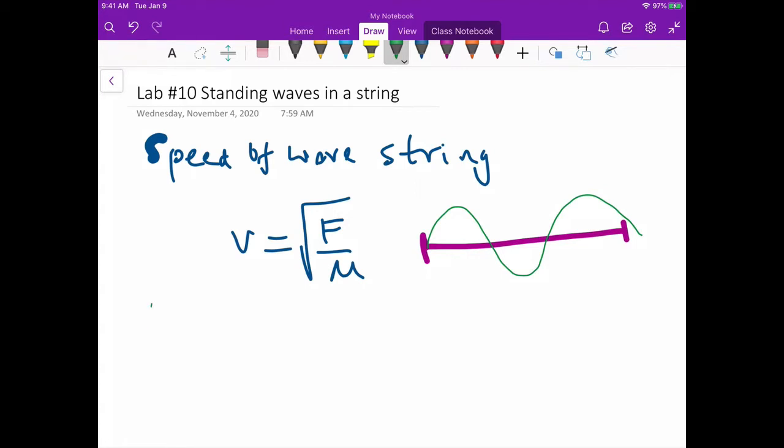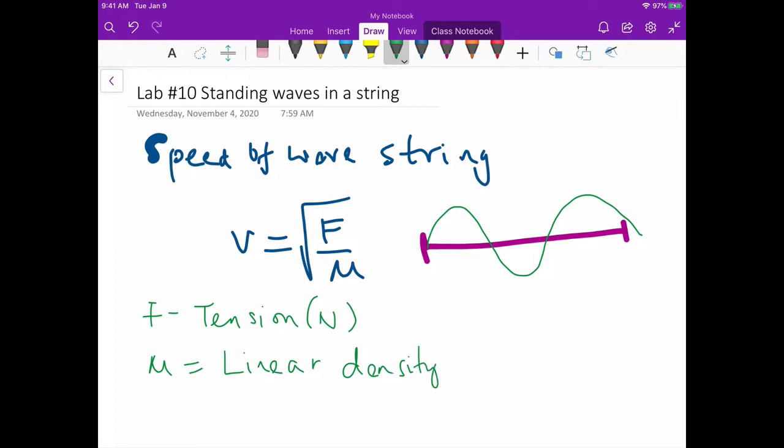F represents the tension in the string. It's a force, measured in newtons. And mu is known as the linear density of the string, meaning how much the string weighs per length.